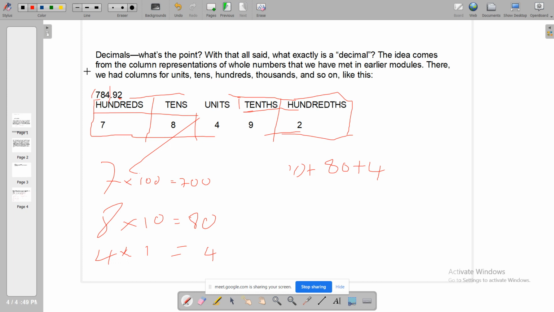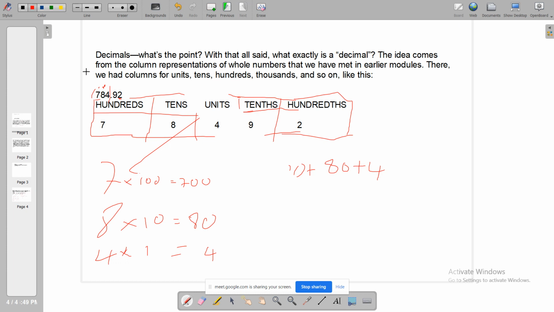You need to look at the position of each digit here. So this one is what? 100. This one is what? Who can tell me what is the position of the 8? Tenth.